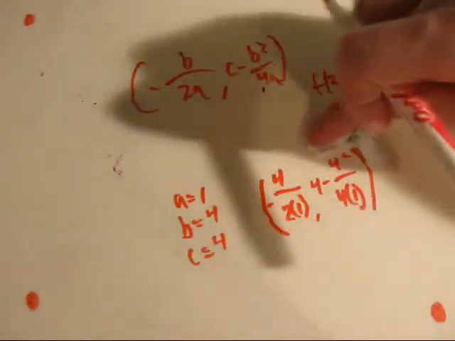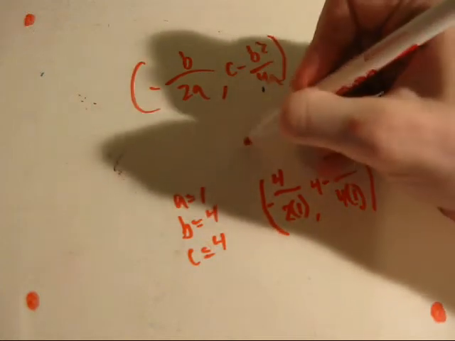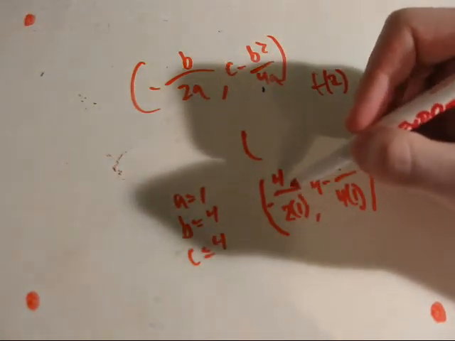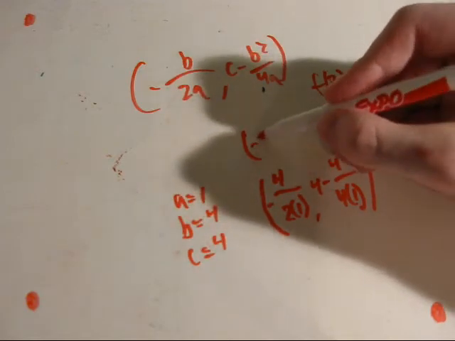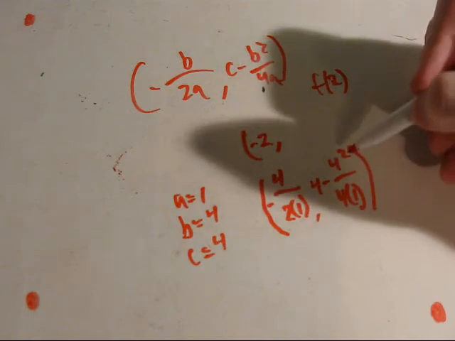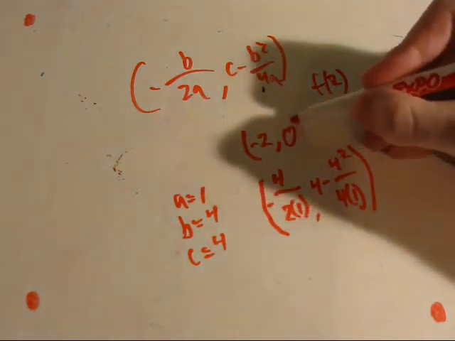Simplifying that down, you've got 4 over negative 2, which is negative 2, and then you've got 4 minus 16 over 4, which is 4 minus 4, 0.